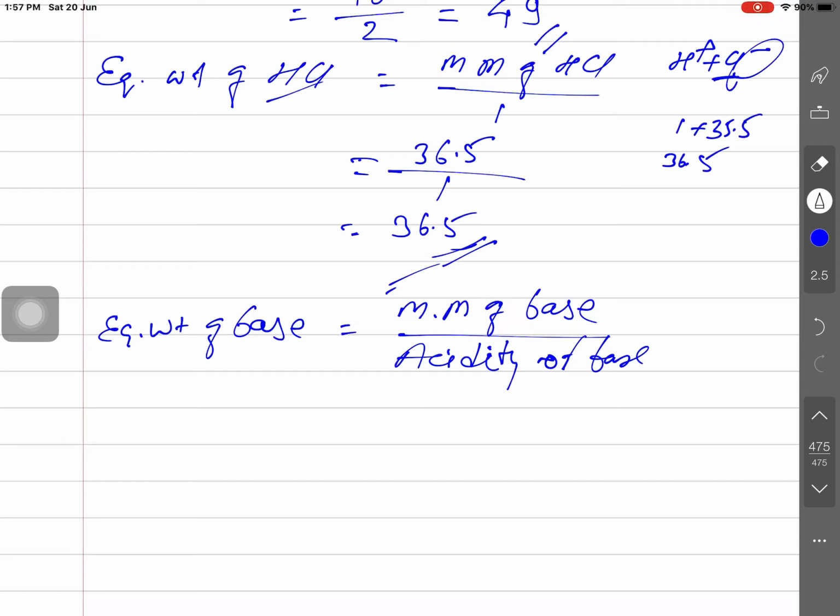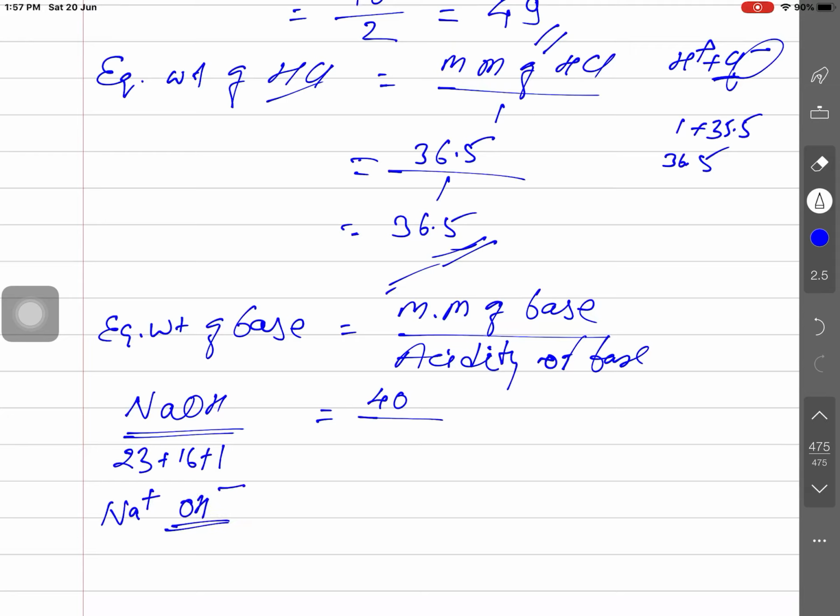Suppose we take the base NaOH. The molecular mass of NaOH is 23 plus 16 plus 1, which is 40. Sodium is a positive ion and OH is a negative ion, with 1 OH ion. So the equivalent weight of sodium hydroxide is 40.